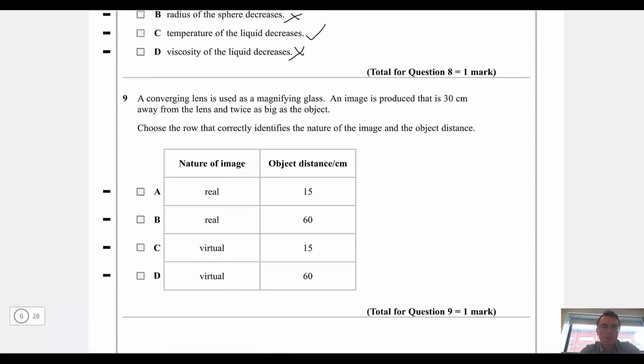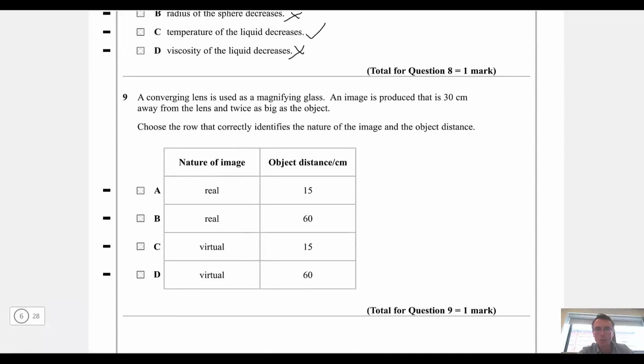Okay, number 9, we've got a converging lens used as a magnifying glass. So, okay, choose the row that correctly identifies the nature of the image. We're given that an image is produced that is 30 centimeters away from the lens and is twice as big.